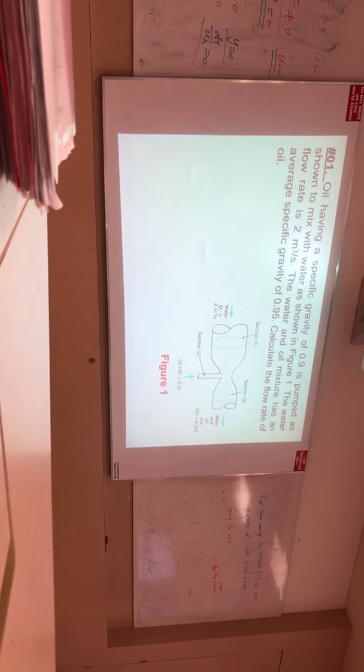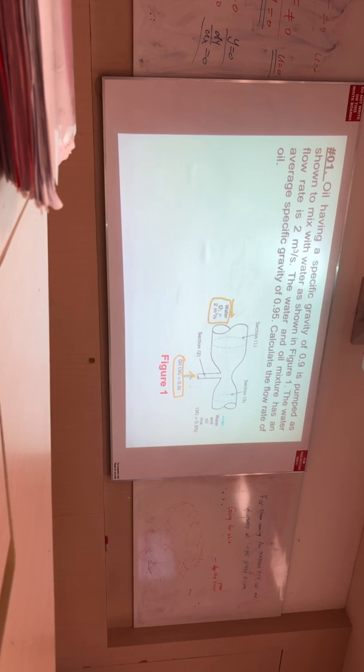So the first question: oil having a specific gravity of 0.9. Oil is here, flowing in this direction. Its specific gravity is 0.9. This oil is pumped into this system and mixed with water. Water is flowing in this direction, so water is Q1.